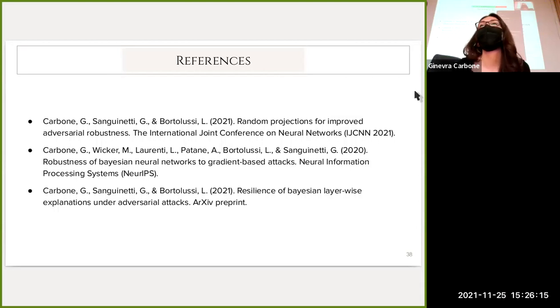Maybe a more speculative question. I'm not really familiar with the proof of robustness of Bayesian neural networks to gradient-based attacks.